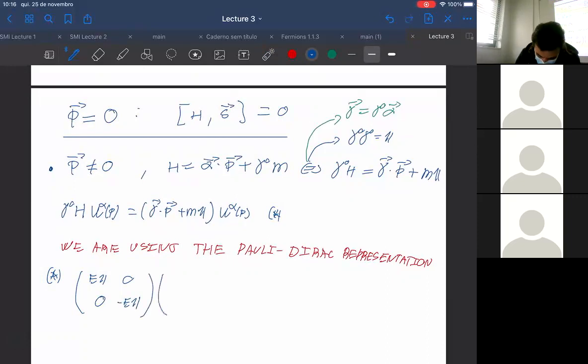This is why the Pauli-Dirac representation is quite useful, because you immediately see the two energies, the two eigenvalues, the plus and the minus energy, popping up.